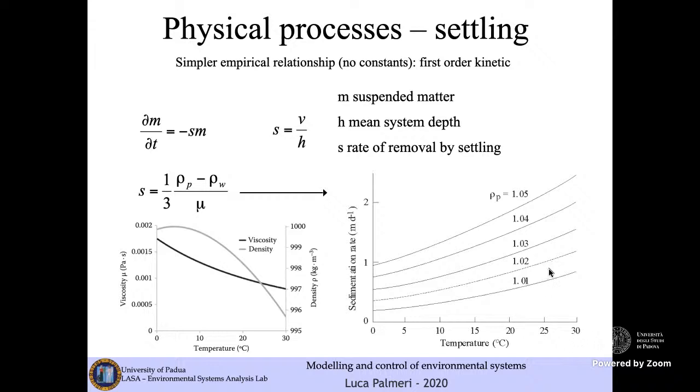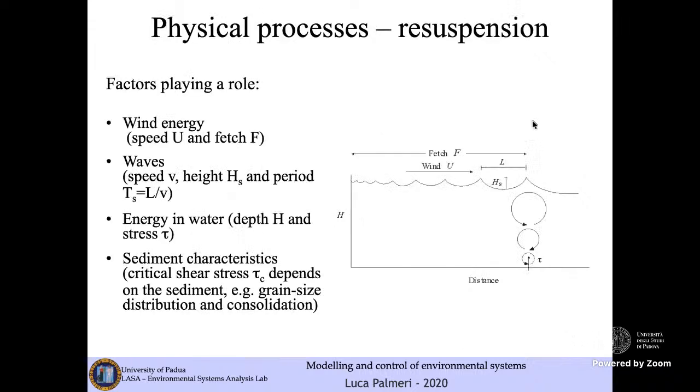So this means that I am expecting that as the temperature of the system increases, I will have less suspended matter in the water body because the settling velocity will increase, and as a consequence, the rate of removal of material by settling increases as well.